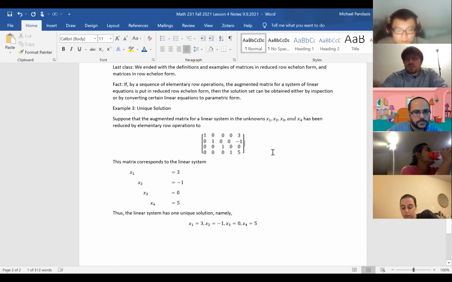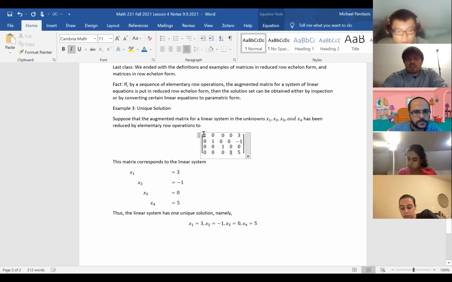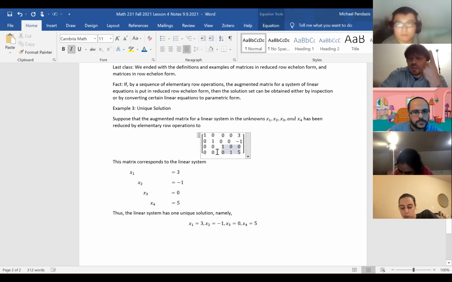This matrix has all 4 of those properties. Every non-zero row has a leading 1. Every first non-zero entry in a non-zero row is a 1. That's property 1. Property 2, all the 0 rows are grouped at the bottom.